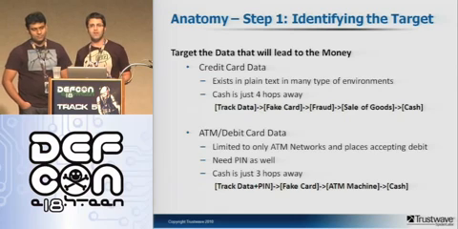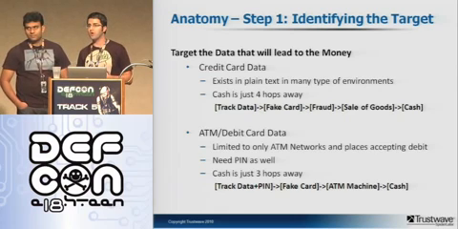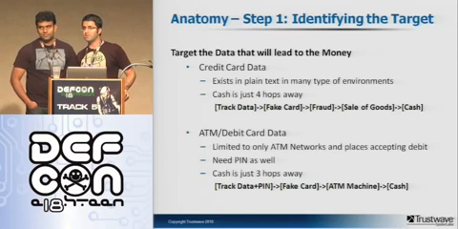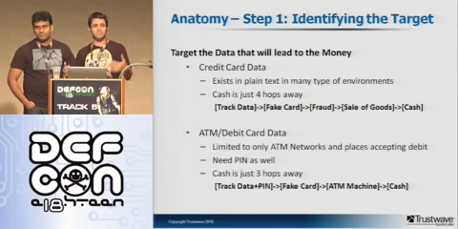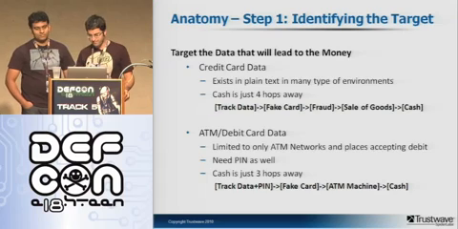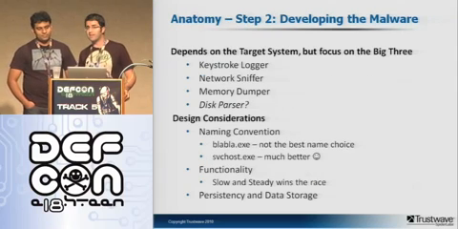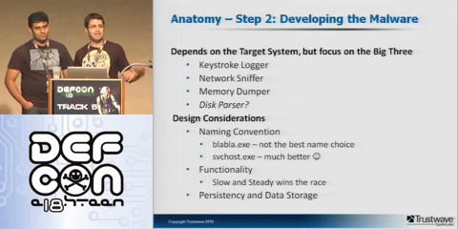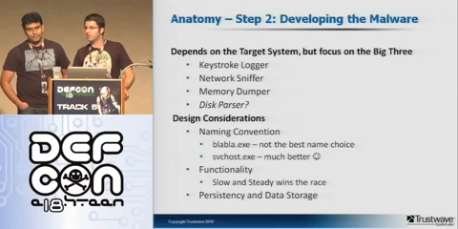We hear about large organized crime groups who hit a large number of ATM machines all at the same time and literally suck cash out of those machines. They don't have to worry about going on the street and finding a buyer. They know they have that cash and they can move on to their next operation. So that's where you've identified the target. It may be a bank, an ATM network, or an organization that takes credit card information.